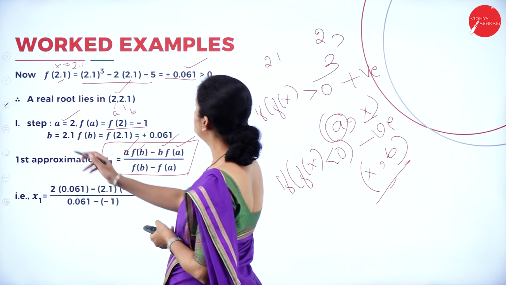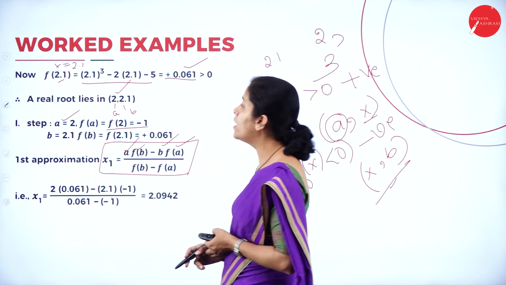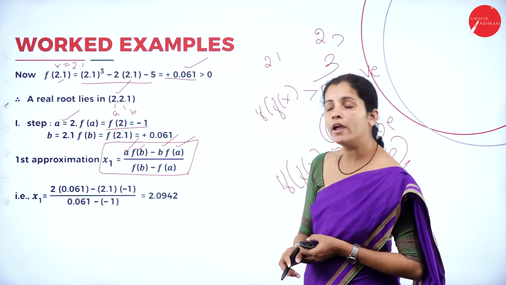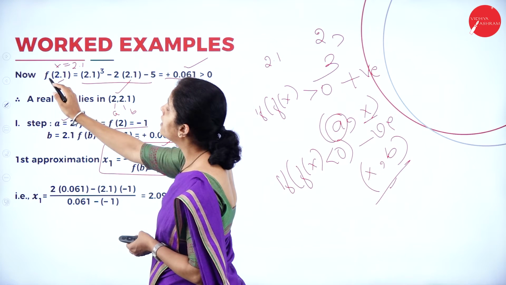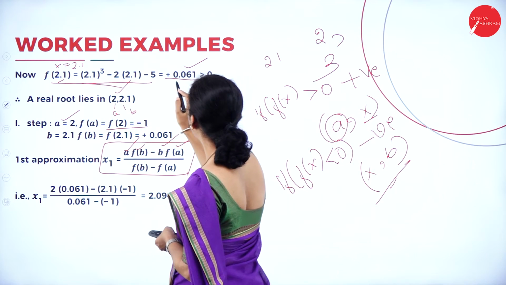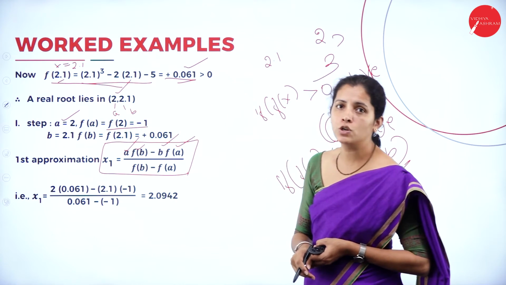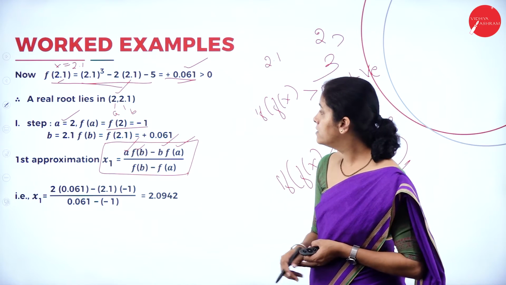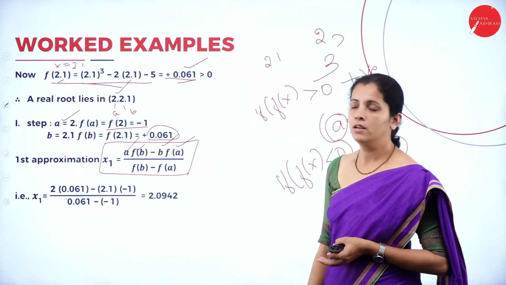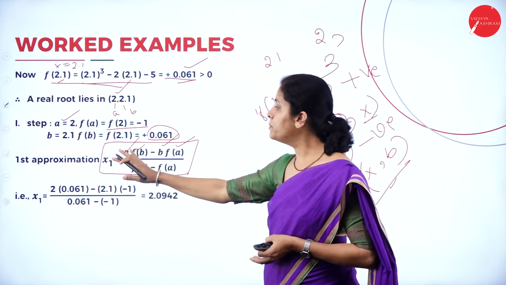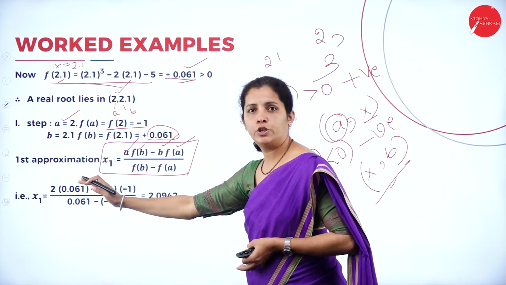Now what is B? Here B is 2.1 and what about f of B? That means when I substitute 2.1, I got 0.061. Now I have the formula and I am going to substitute.